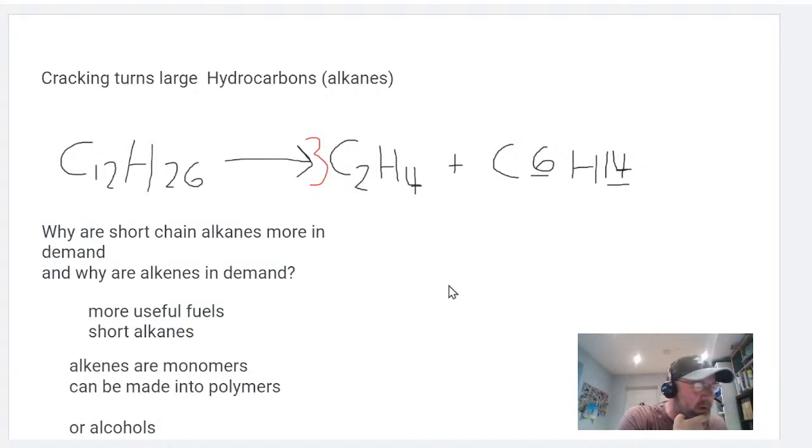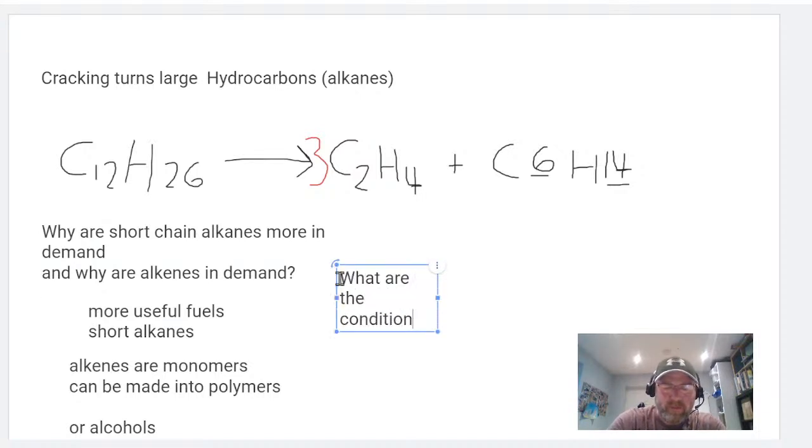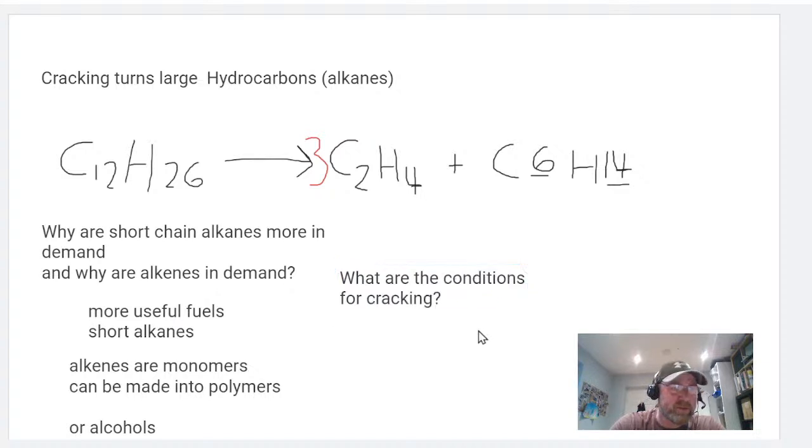You do need to know, okay, you guys have got to know some of the conditions for cracking. If you're combined or you're doing triple, you have to know this. So it's combined and triple that have to know this.